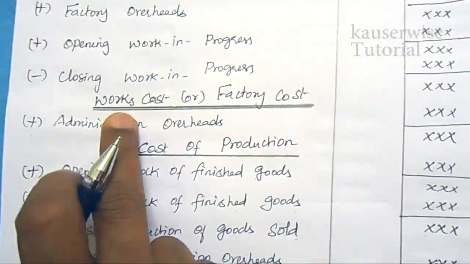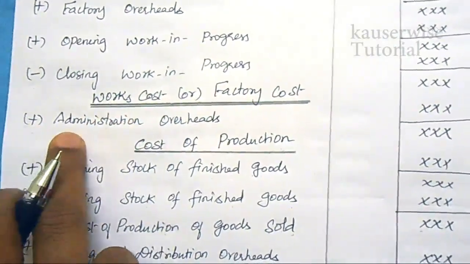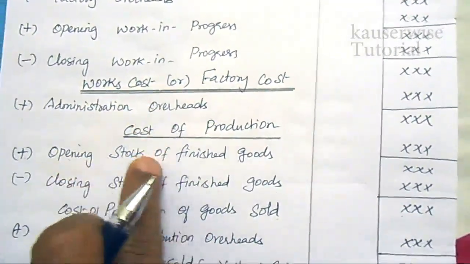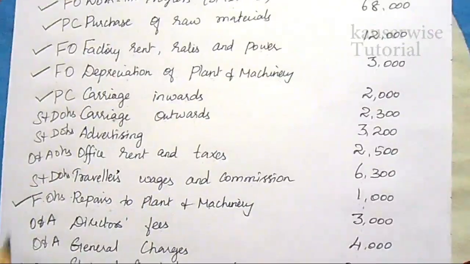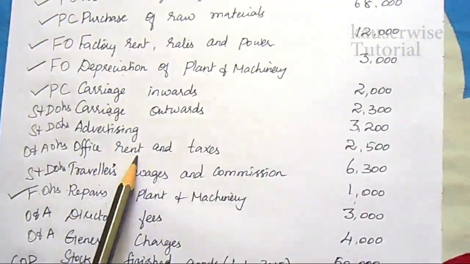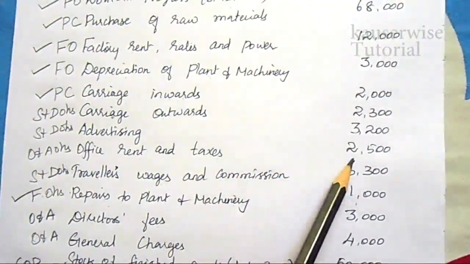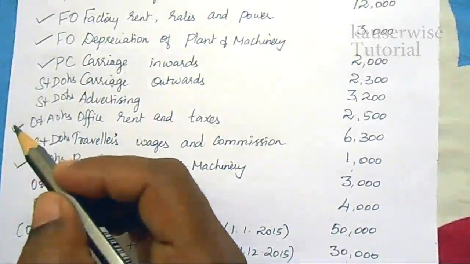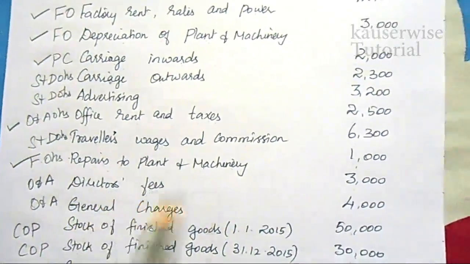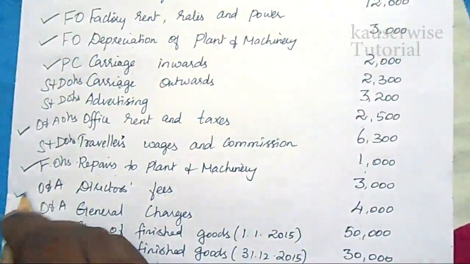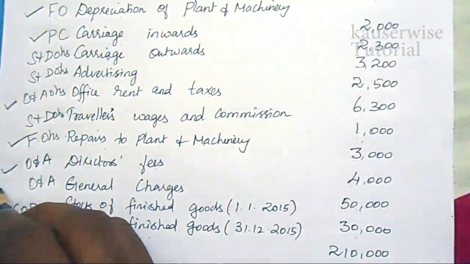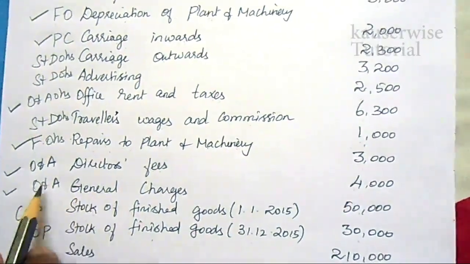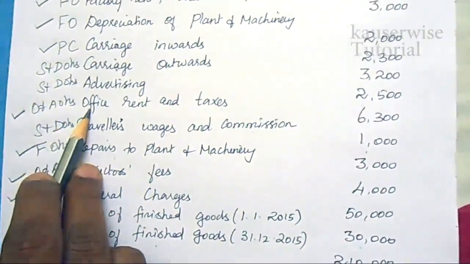After finding work cost, we need to add office and administrative overheads in order to find out cost of production. See, here we have office rent and taxes 2,500, director fees 3,000, and general charges 4,000. These are the three items which come under office and administrative overheads.